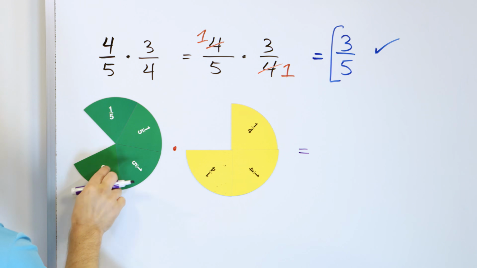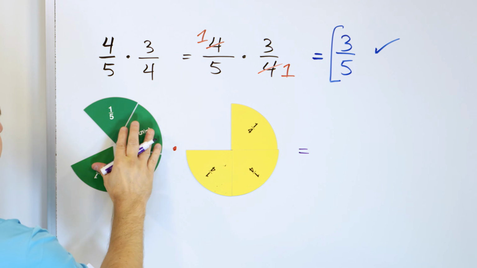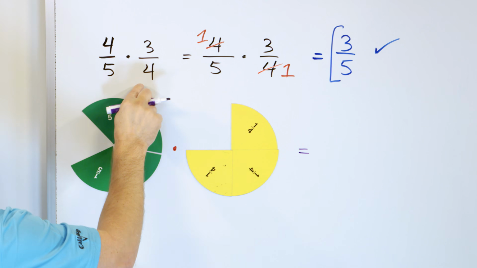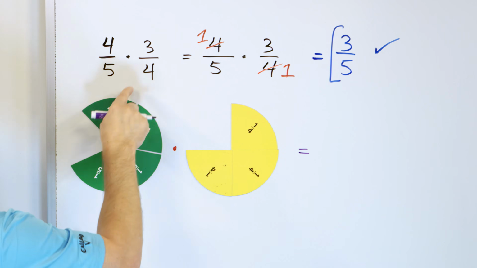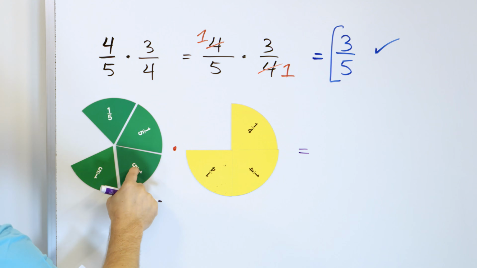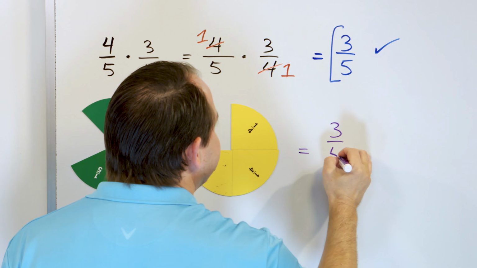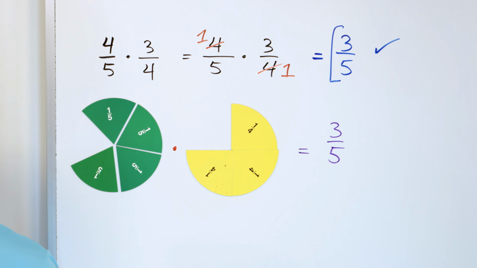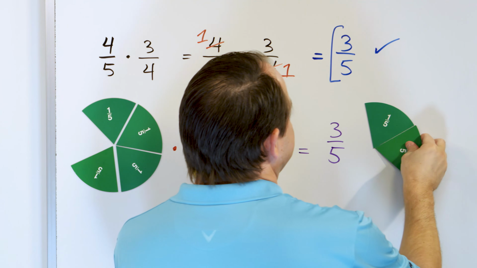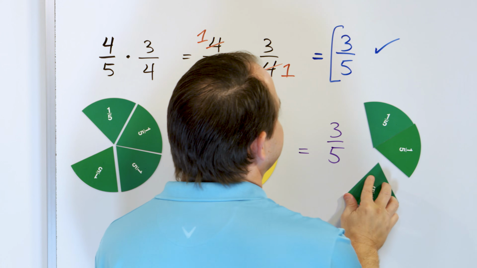Well, if I start with this, 1, 2, 3, 4, cutting it into 4 equal pieces would be exactly fifths, but I'm keeping 3 of them, 1, 2, 3. So you can see the answer is 3/5 because you're keeping 3 of those pieces, and I can kind of grab these. I'll steal them from the other board and put 1/5, 2/5, and then finally 3/5.